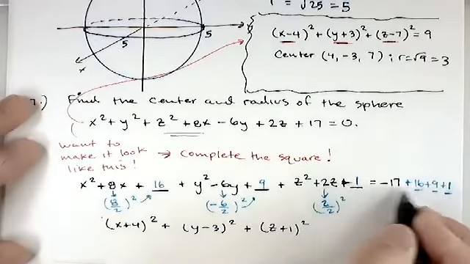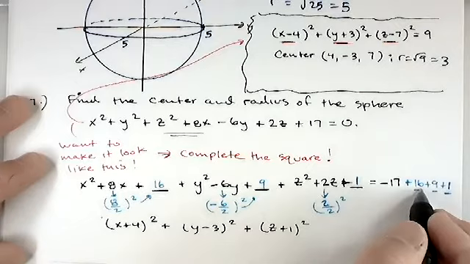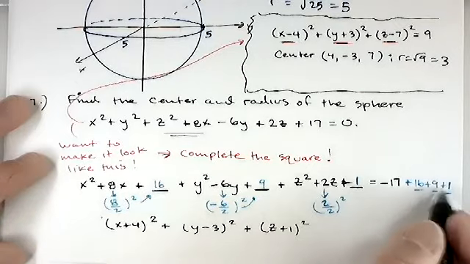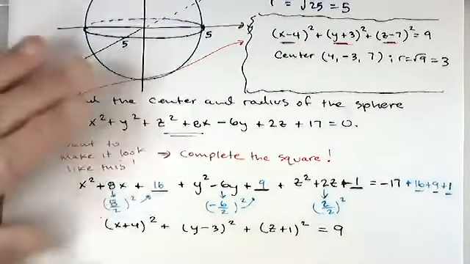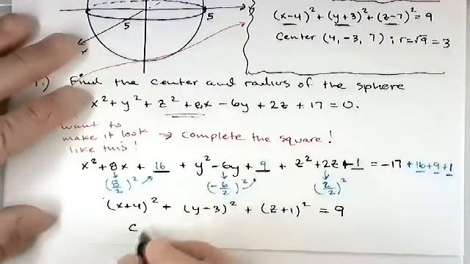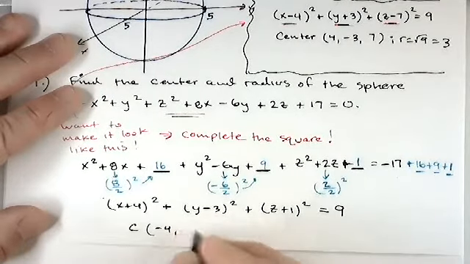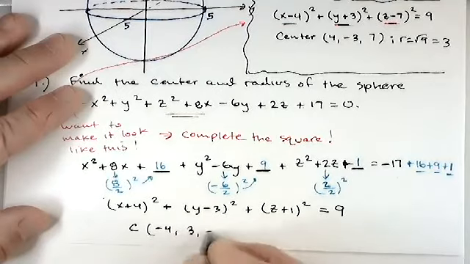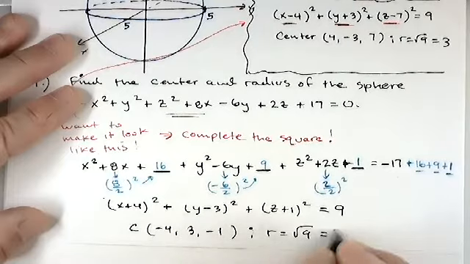And then what is this? -16, 17 plus 16 is -1. -1 plus 1 is 0, plus 9, so this is going to equal 9. So my center is going to be (-4, 3, -1), and my radius is the square root of 9, which is 3.